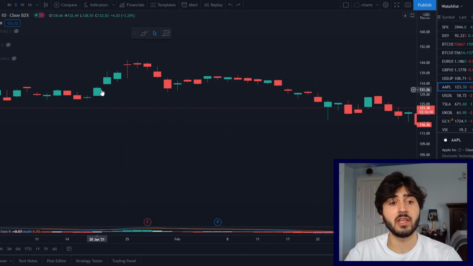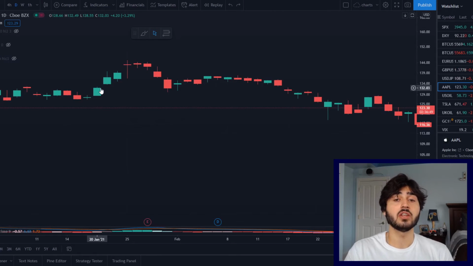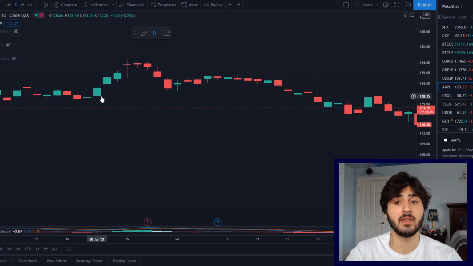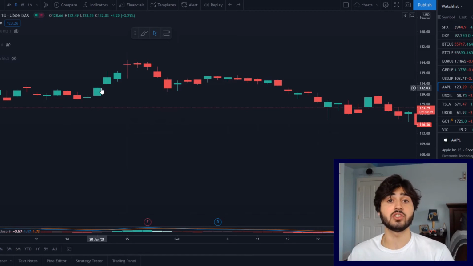If we move our mouse up, you can see that the close was around 132.03. So we went from 128.35 to 132.03 for that day. So in that day, we roughly increased about $4, from 128 to 132.